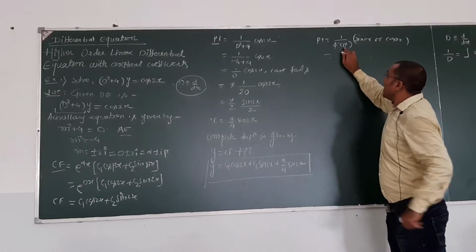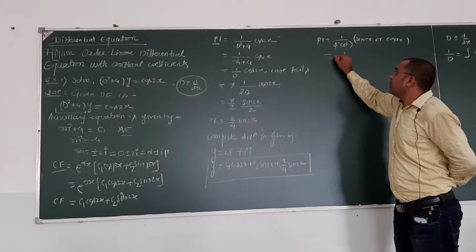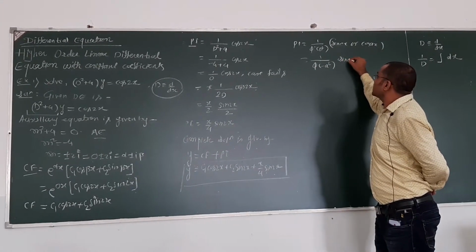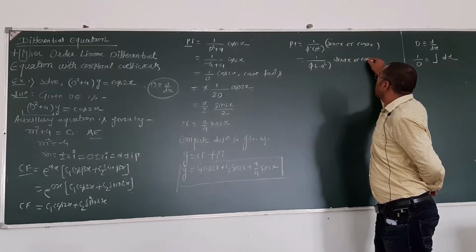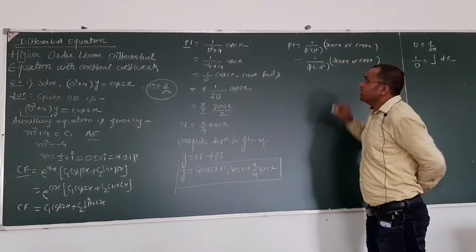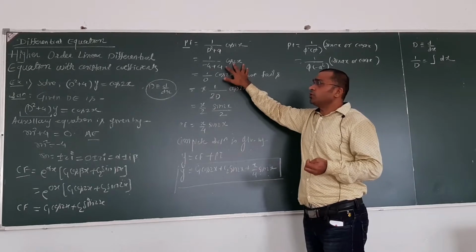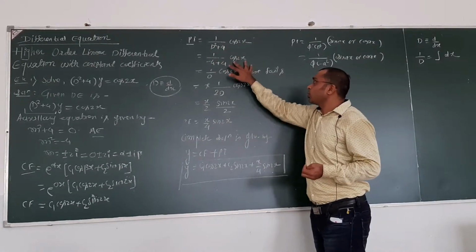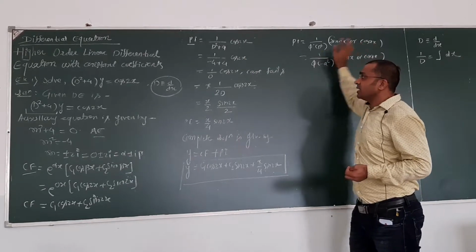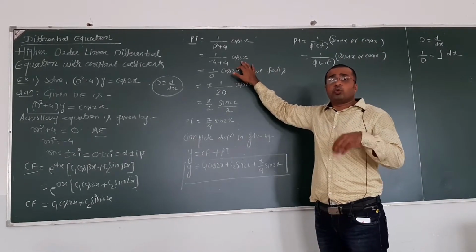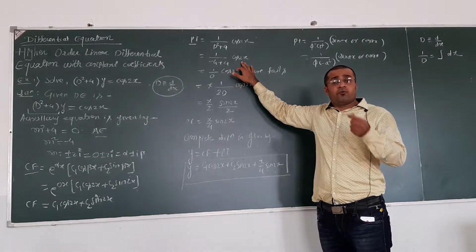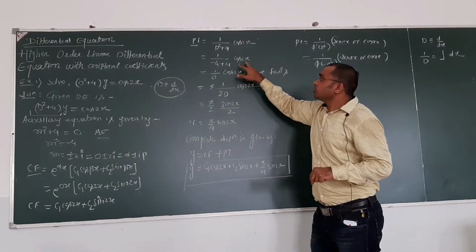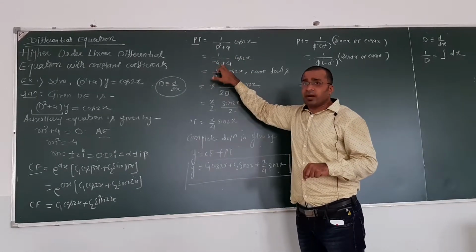In this case, I replace D² by -a². We have cos 2x, so I replace D² by -a². If you compare cos 2x with cos ax, a is 2. The square of 2 is 4, multiplied by minus, it is -4. So D² will be replaced by -4.